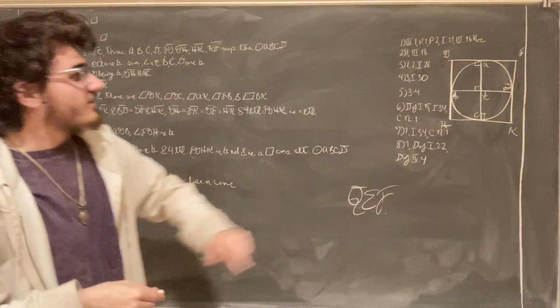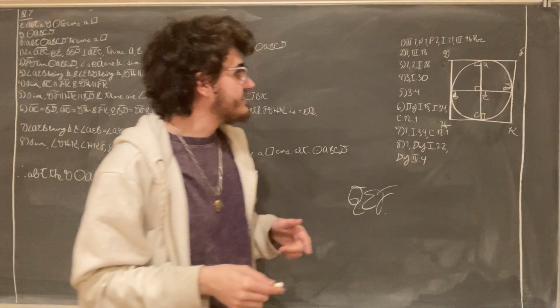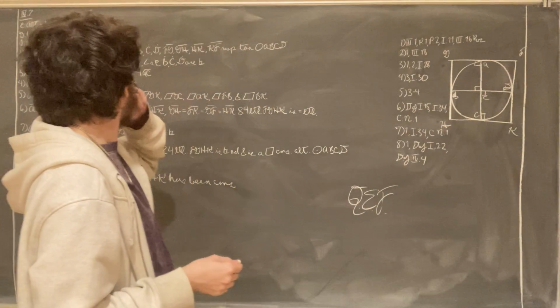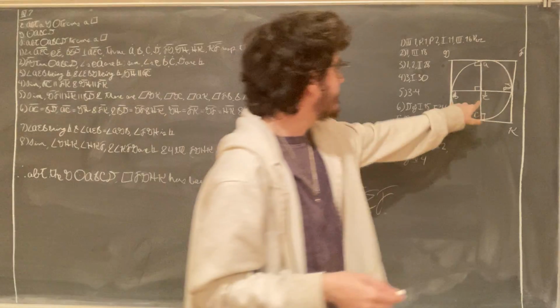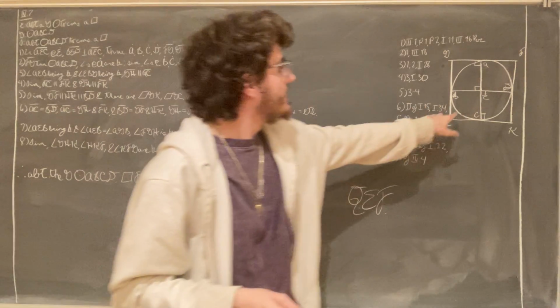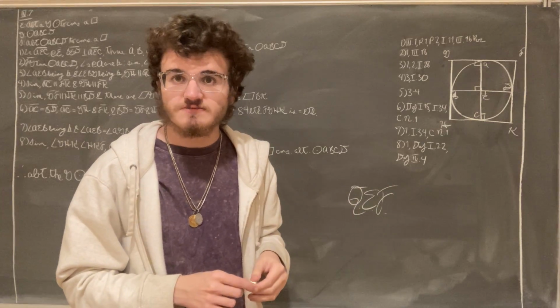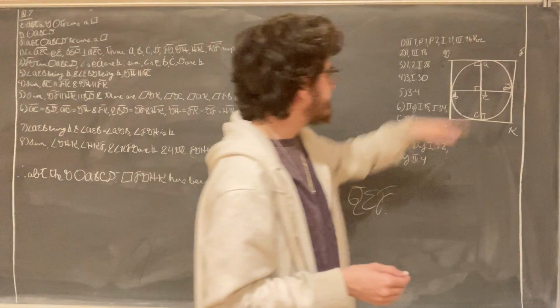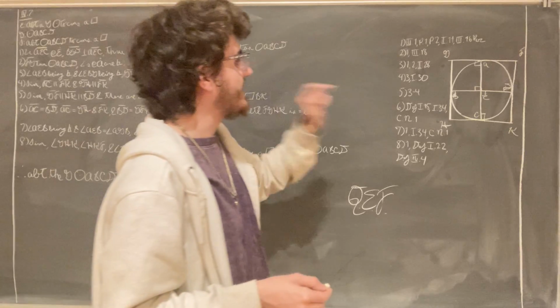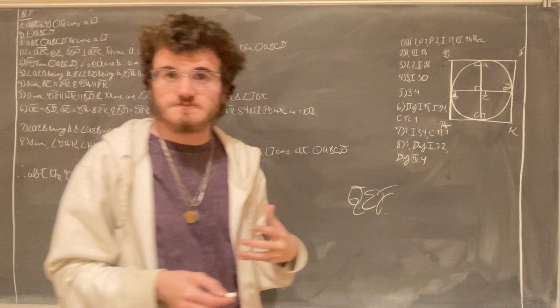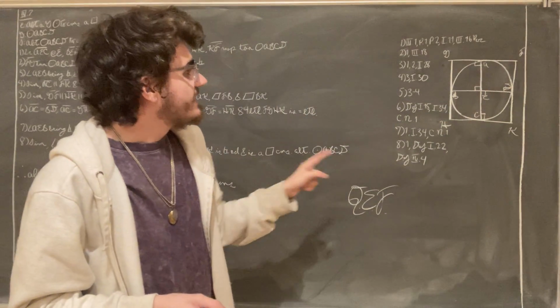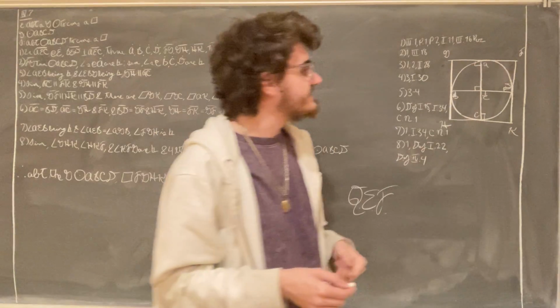We begin by saying that the angles at B, we know that these are right angles. So the angle EBG is a right angle. And we also know that the angle AEB is a right angle.